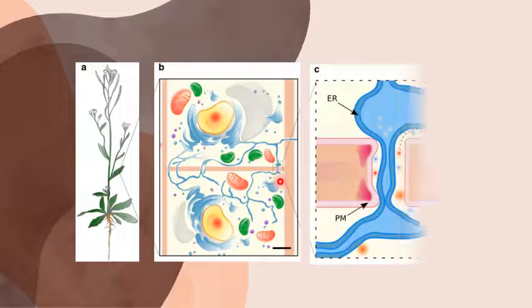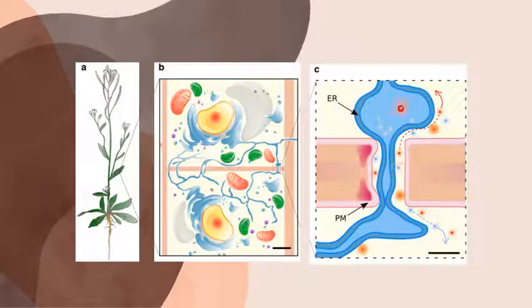When we focus more, we can see the endoplasmic reticulum is passing from one cell to another across this plasmodesmata, and they form what are called desmotubules.